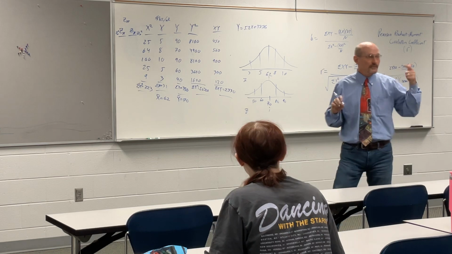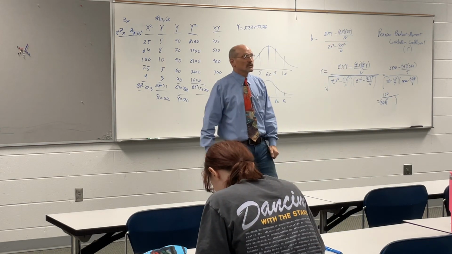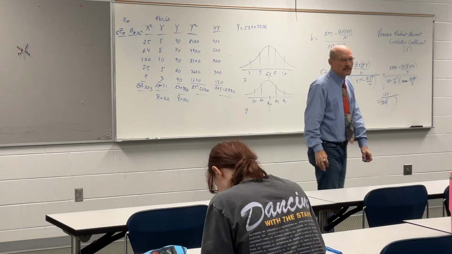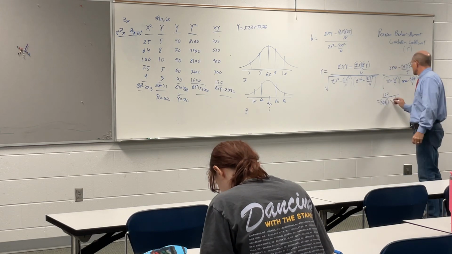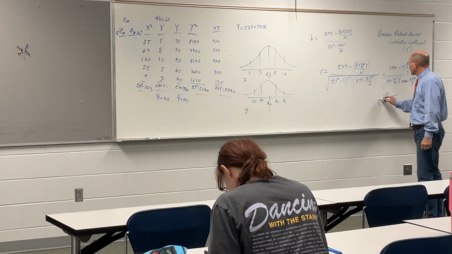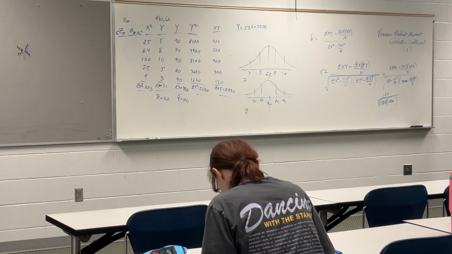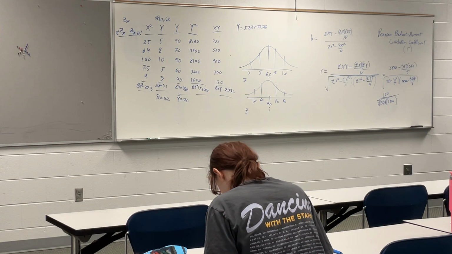So the 350 squared is going to be 12,250. Then 1,800 times 30.8. Take the square root of it. Don't forget to take the square root of it.